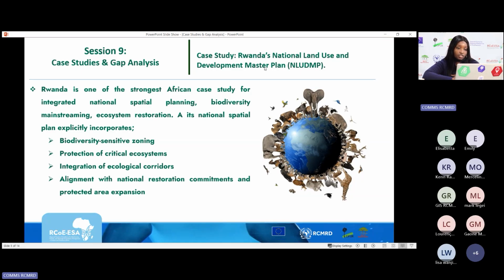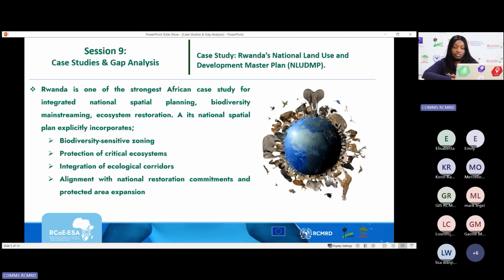So this particular national land use development plan is able to incorporate biodiversity sensitive zoning, which is critical when you want to ensure that the spatial planning of the country is able to accommodate these biodiversity expectations. We have protection of critical ecosystems. Each country has this. We have integration of ecological corridors, again, into the biodiversity.